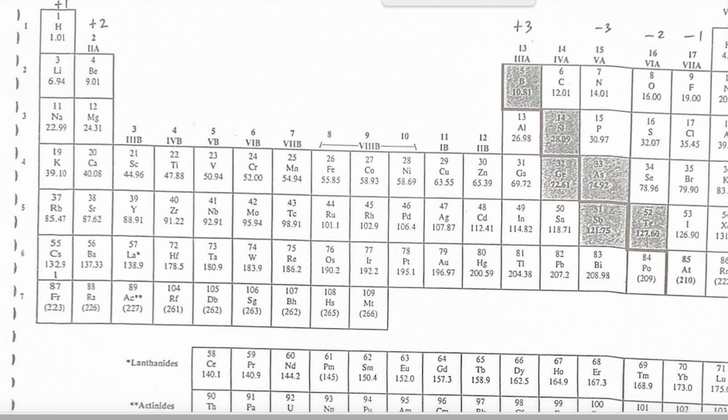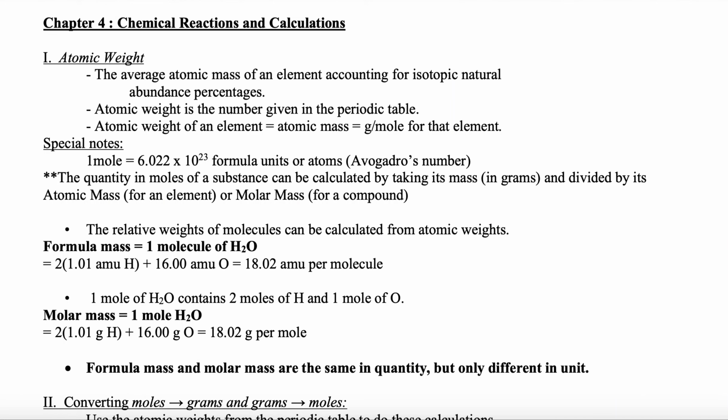Now let's see, I can go back. Here we go. So that's the atomic weight. That's the average, and that's the number I just showed you. That's going to be in AMU or grams per mole for each element.